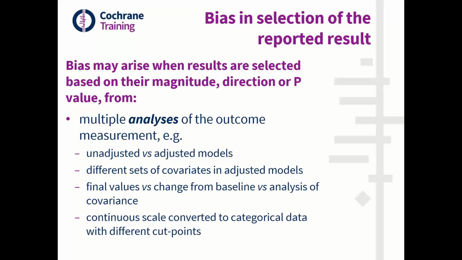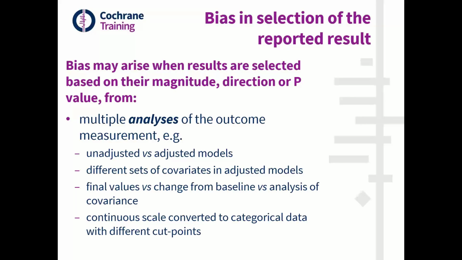Now, bias can also arise when the results have been selected from among multiple analyses of the outcome measurement. So for our scores for the depression scale, let's say 6 weeks, the authors may have chosen to run both adjusted and unadjusted models, or they might decide to run a suite of adjusted models, each adjusted for different covariates.